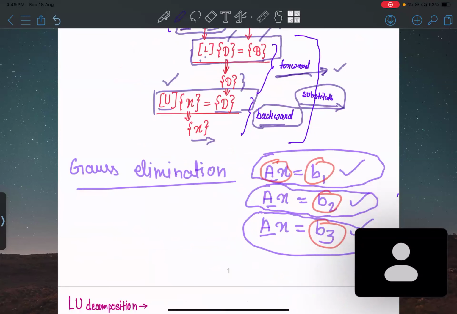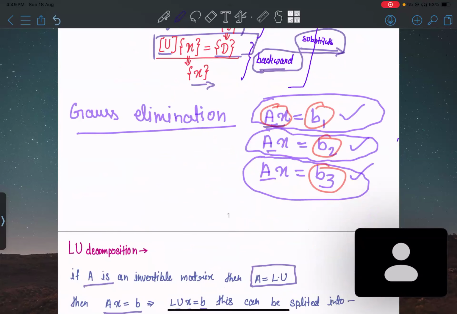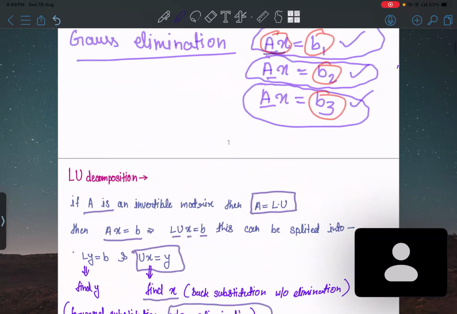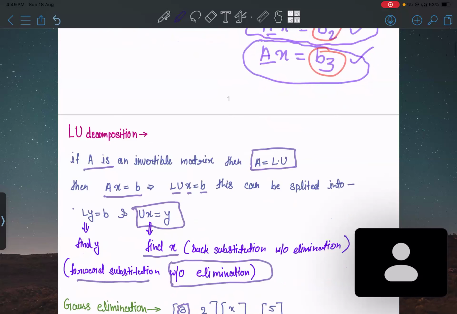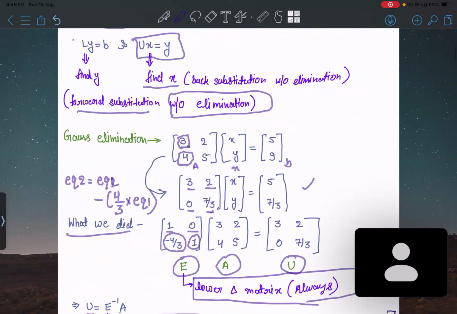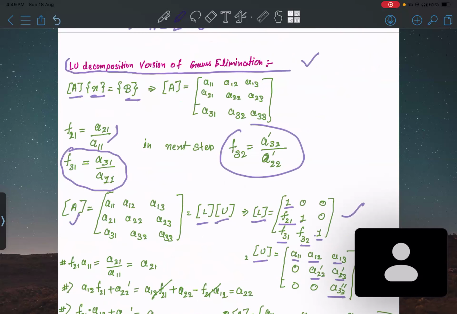This is very useful when we wish to solve Ax equal to B1, B2, B3 kind of set of systems of linear equations. Okay. Then we have seen the similarity between the Gauss elimination and LU decomposition. Although this is not a very suitable method, since if we have used the Gauss elimination method, then there is no need to go for LU decomposition.